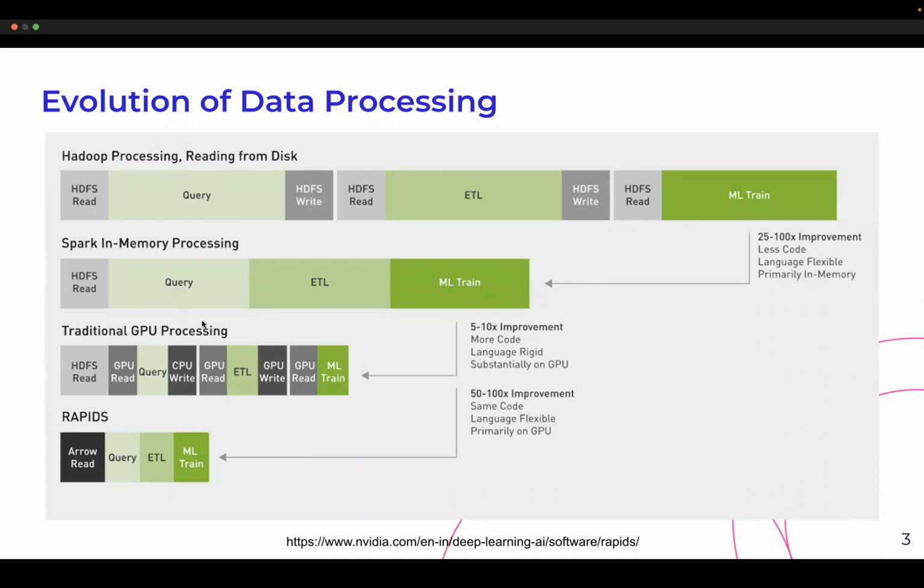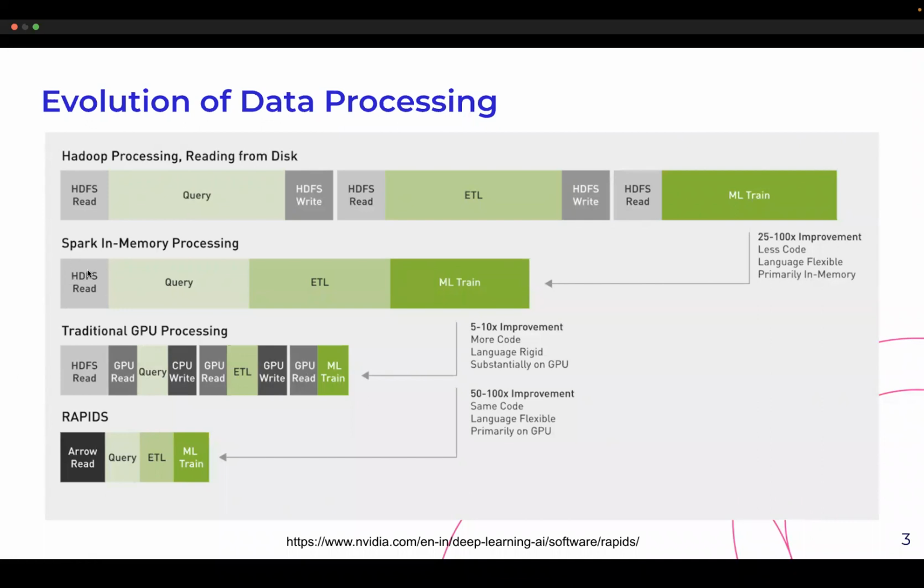So once the GPU was also introduced, this is how the whole data processing pipeline got transformed. Here you can see almost the same as the first box, but the only difference is the GPU. In the first box, everything was happening on CPU, and here it is happening on GPU. So you can see the kind of improvement from the first box to the third box. And RAPIDS, you can compare this with Spark itself.